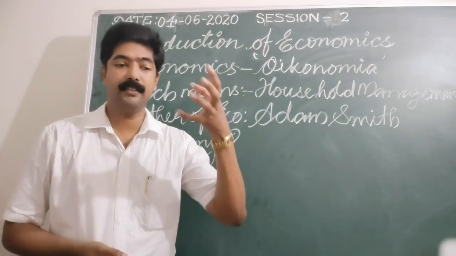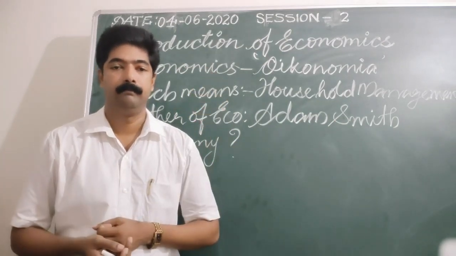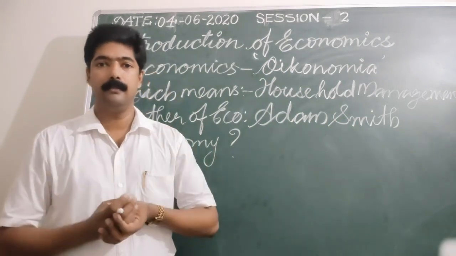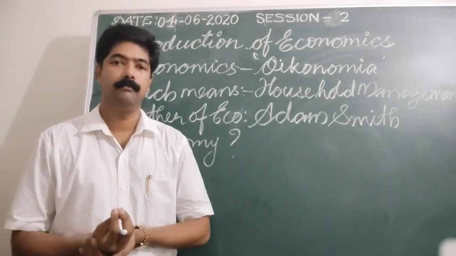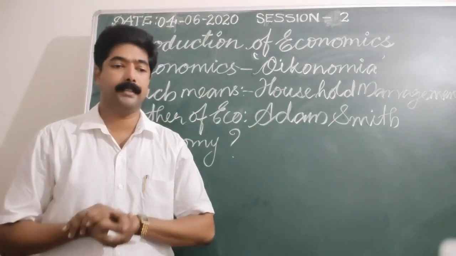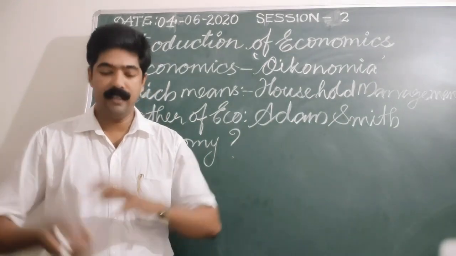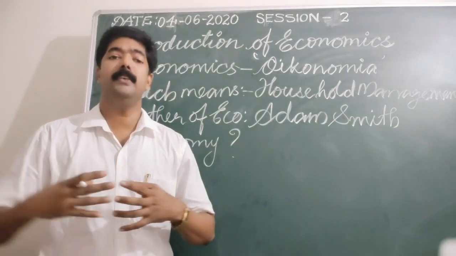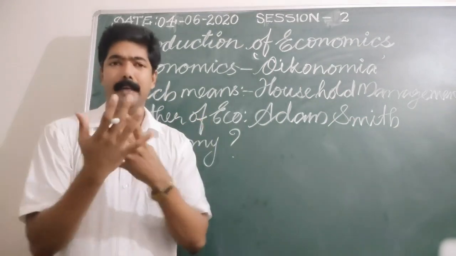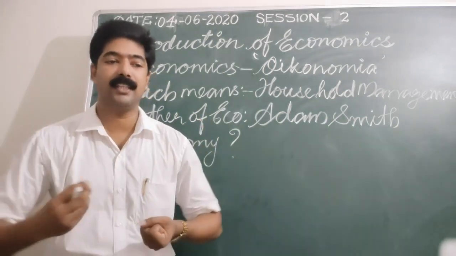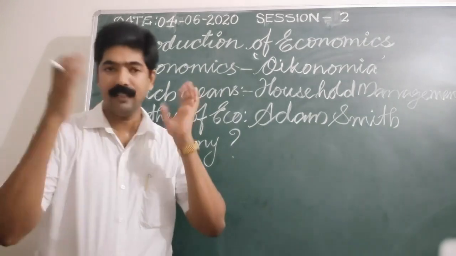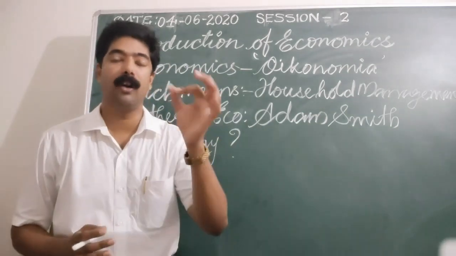An economy is a system in which production, consumption, exchange take place. It is a system in which people mingle with a lot of economic activities. Such a system is known as an economy.